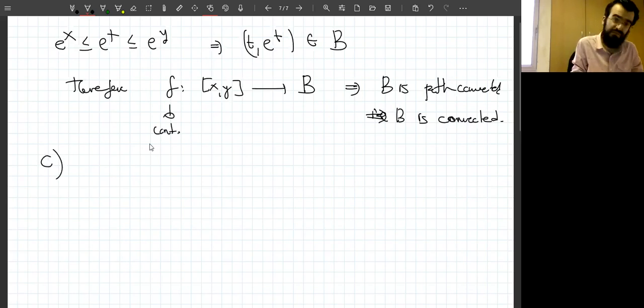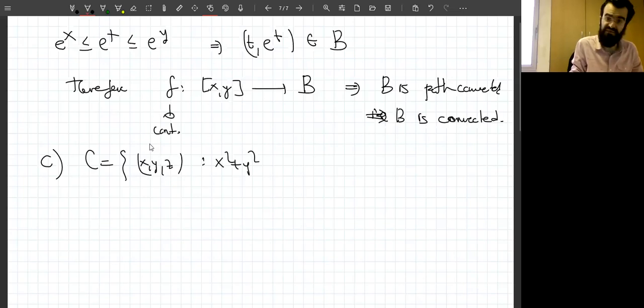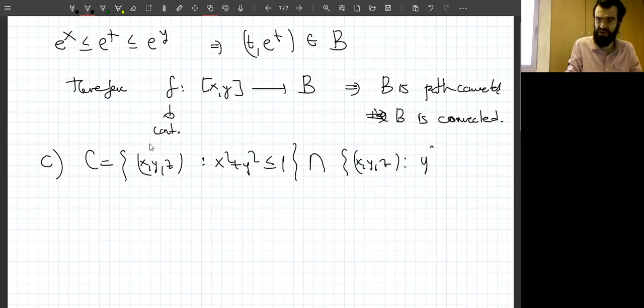C. This set C is given like this: the set of (x, y, z) such that x squared plus y squared is less than or equal to 1, intersection the set of (x, y, z), this time y squared plus z squared is less than or equal to 4.